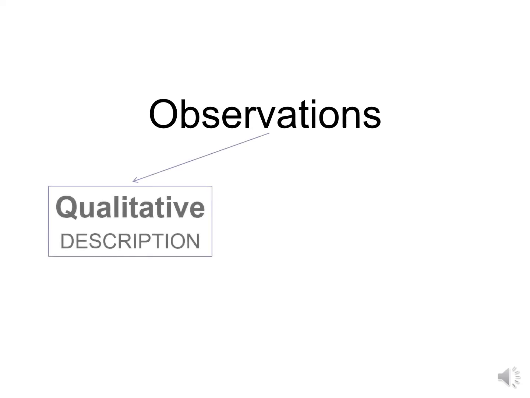Observations. Observations are of two kinds. There are qualitative observations, which entail a description. For instance, color, taste, shape, whether an object is cold or hot, how we perceive it.